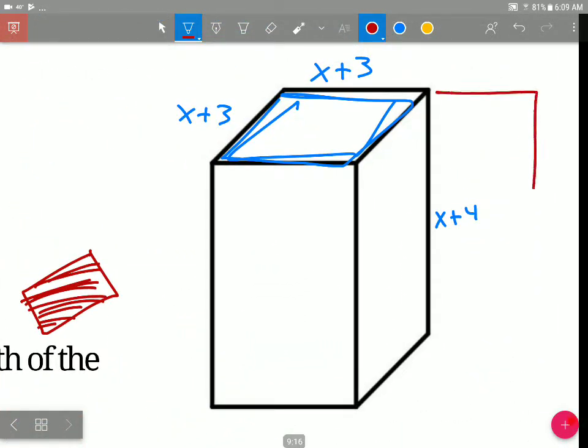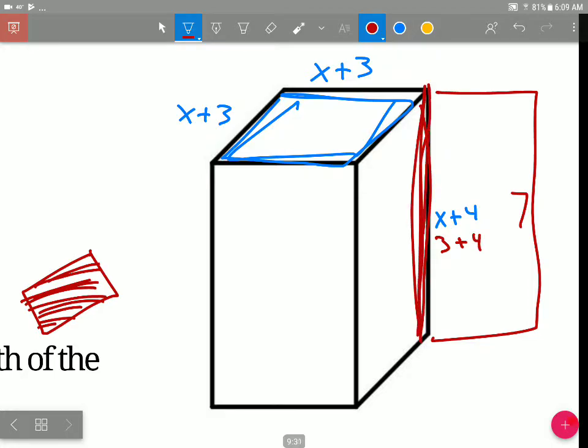If this right here is 7 inches high, then x would have to be 3, because 3 plus 4 would give us the entire 7. All right, so that was a bit of a trick. So yes, it's 7 inches high, but my x value is 3, because we've got x plus 4 for the height. So the x must be 3 in order to get us all the way to the 7.